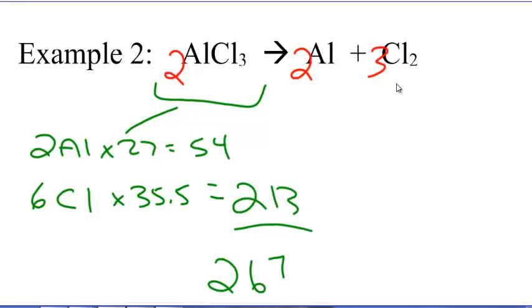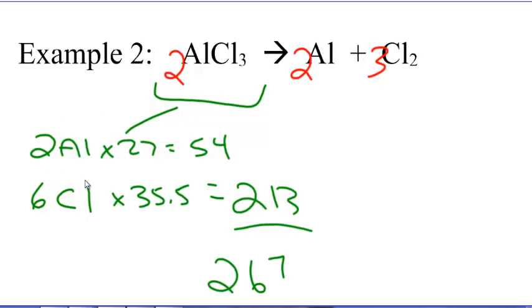Now it's time to find the mass of 2 aluminum chlorides. So you could find the mass of aluminum and then the mass of 3 chlorines and then multiply by 3. In this case, I decided just to say there are 2 aluminums and there are 6 chlorines.